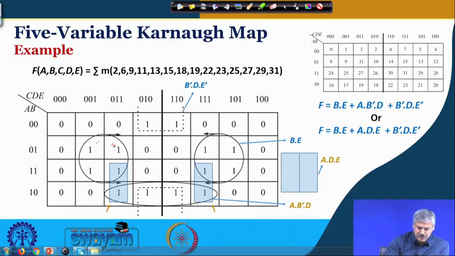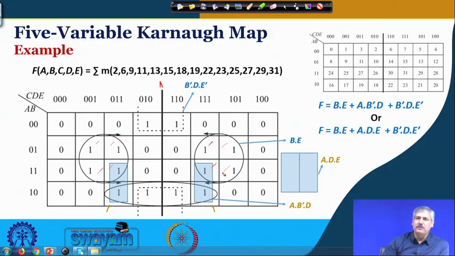Now, about this vertical axis, these are just reflections of one another, so they are logically adjacent. So, this 4 and this 4, a total of 8, form one particular group.